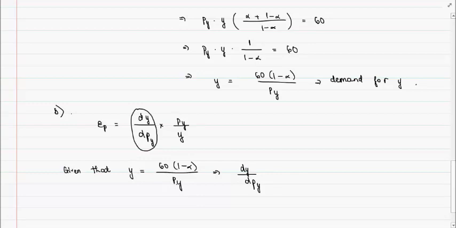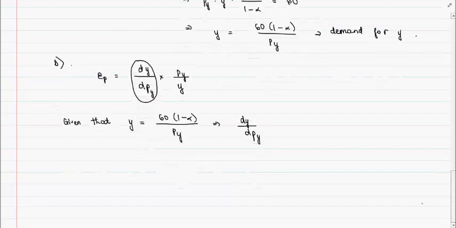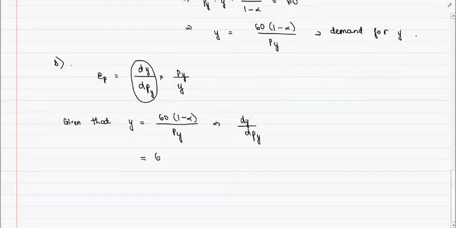Okay, so if I differentiate, 60 times 1 minus alpha is just basically a constant. And Py is on the denominator, so if I want to move it to the numerator, it becomes Py to the power -1. By doing this, it's easier for you to differentiate, because it's just basically the power rule that you need to apply over here.